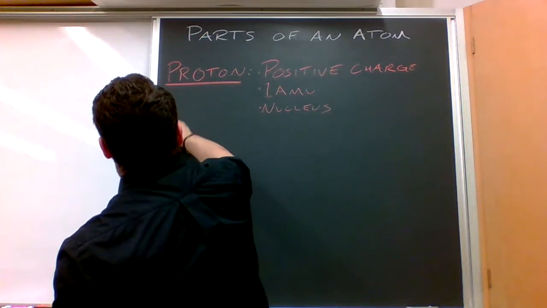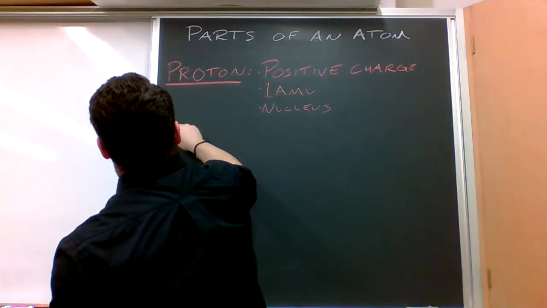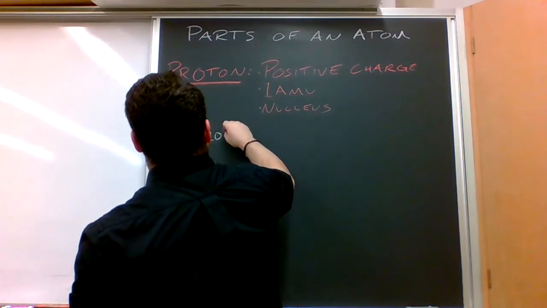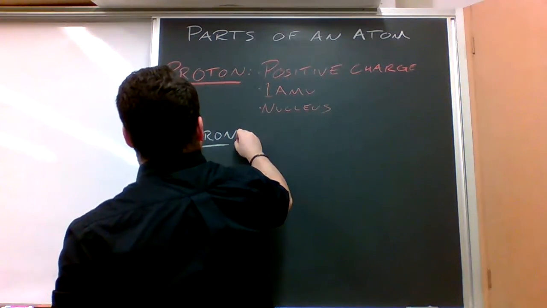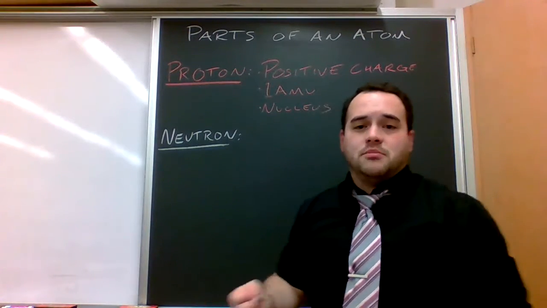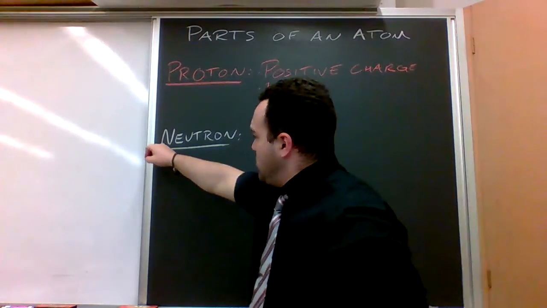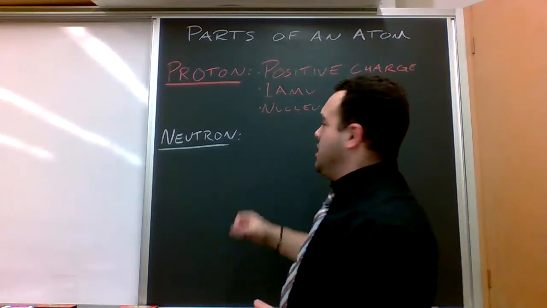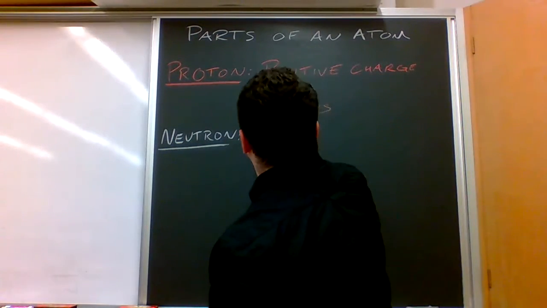So the next one is a neutron. A lot of folks' first instinct is to say that neutron must be negative because it starts with an N, proton is positive, starts with a P, but no, the neutron is neutral.